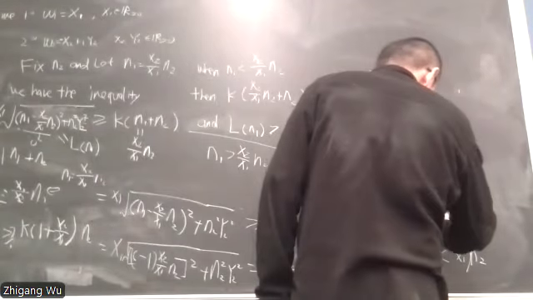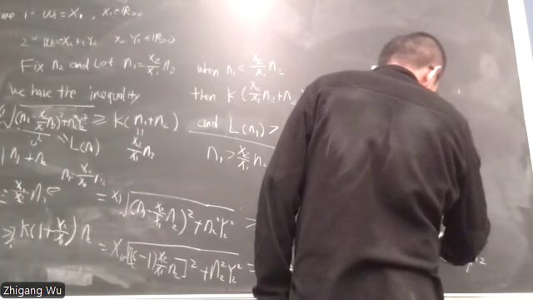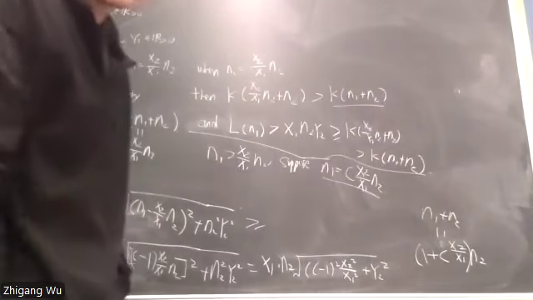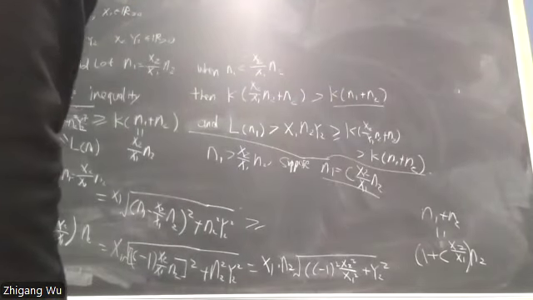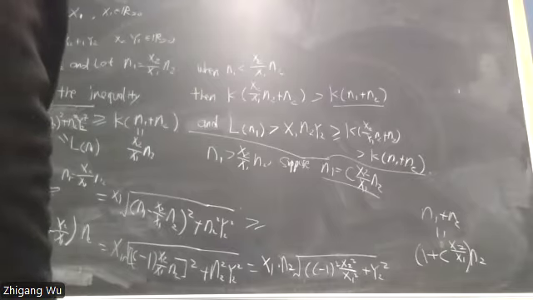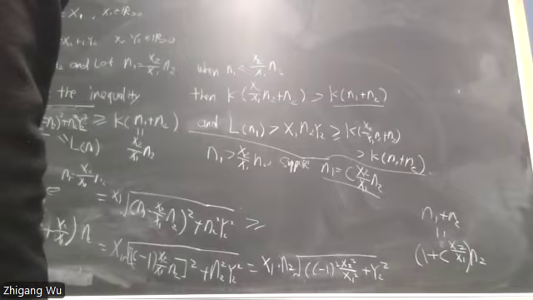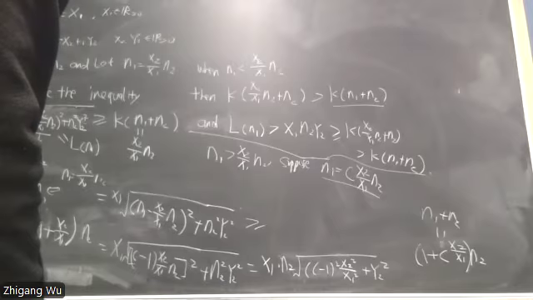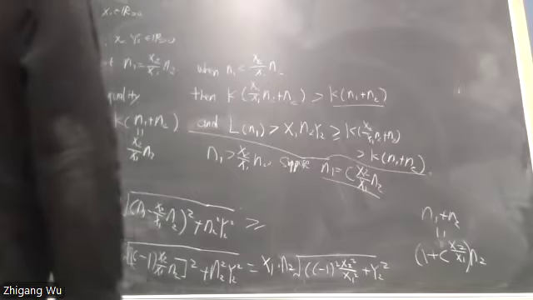So this is like the n1 plus n2 term. I think there's always a k, right? Wait.